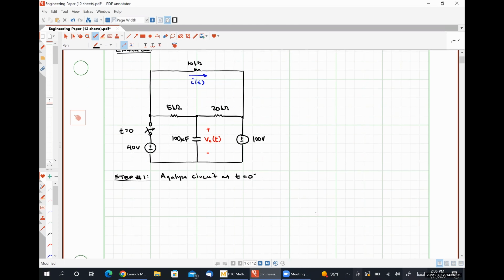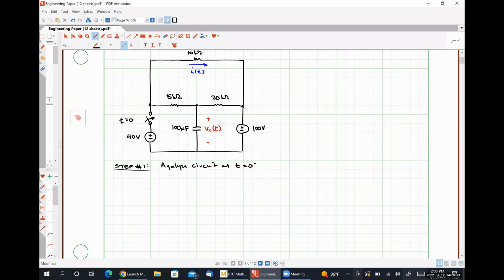So at t is equal to 0 minus, our circuit is at DC steady state, which means our capacitor is going to be replaced by an open circuit. Additionally, our switch will be open. So what our circuit is going to look like is something like this.